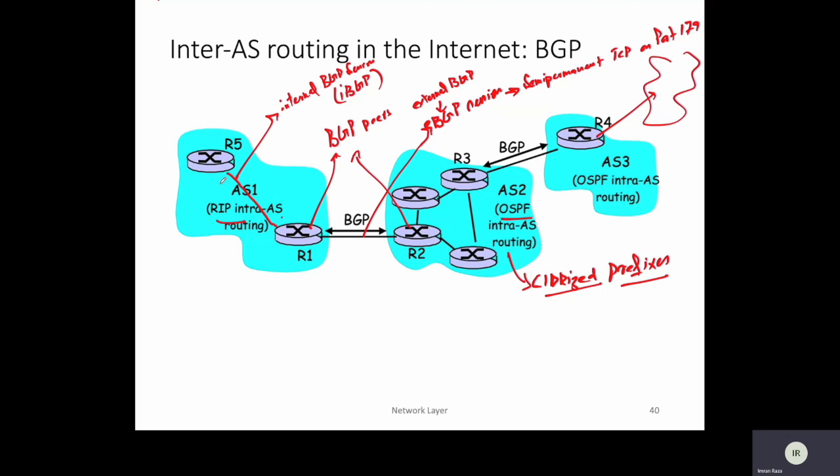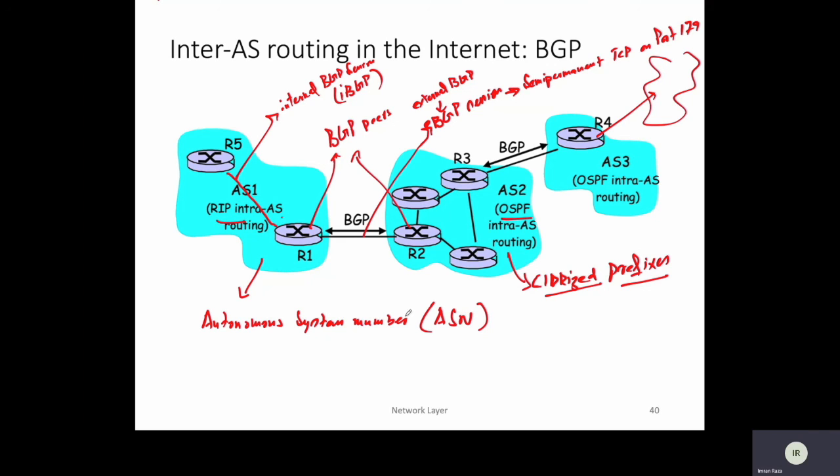Okay, so remember that when the path or the reachability is shared between the autonomous systems, every autonomous system also shares a globally unique autonomous system number. So every autonomous system has an autonomous system number. We call it ASN.